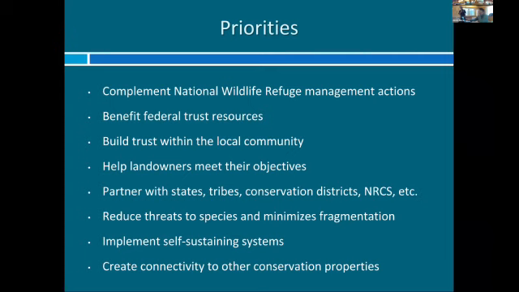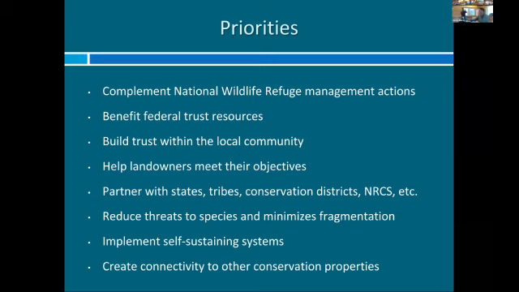So our priorities, when we're looking at projects, what are we gonna fund, right? We have this evaluation criteria that we're looking at, and some of you are working in landscapes where there's a national wildlife refuge, right? We're part of the National Wildlife Refuge System within Fish and Wildlife Service, and so we want to complement those management actions.